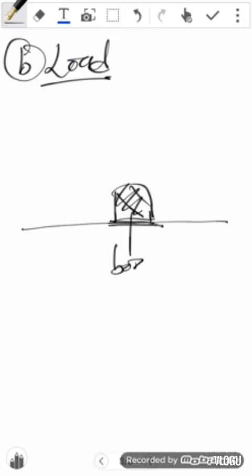Moving away from effort, we have the next term, which is known as the load. We can clearly understand the load in a simpler manner. This is a box on a leveled ground. Load, in simple terms, we could say is the weight of an object.